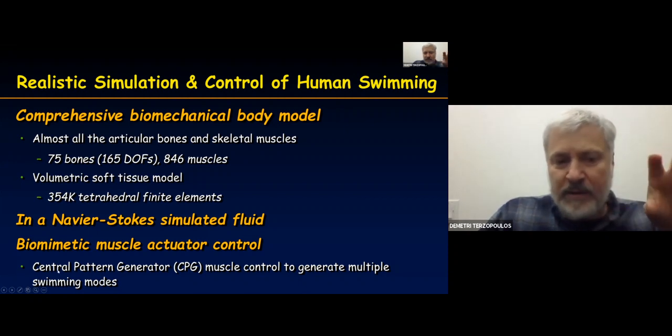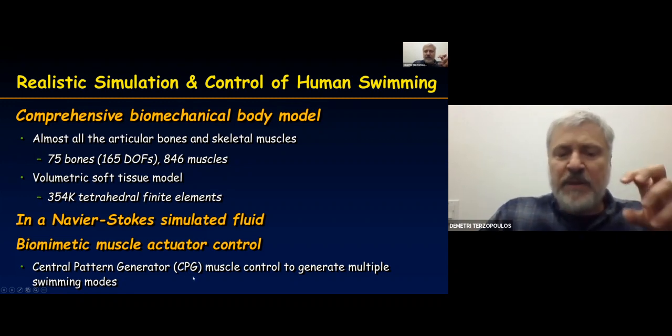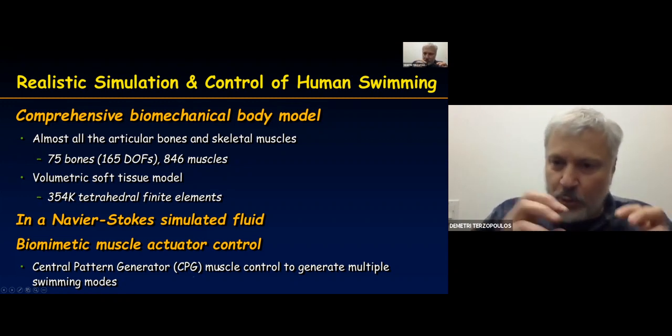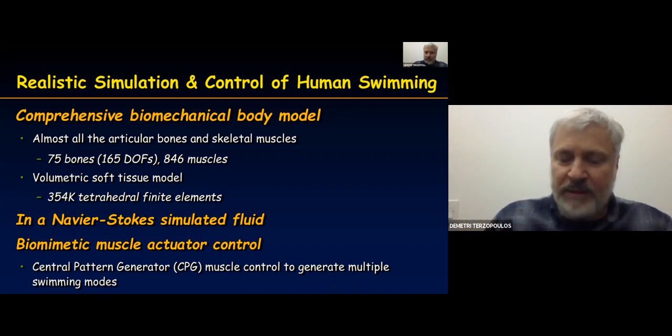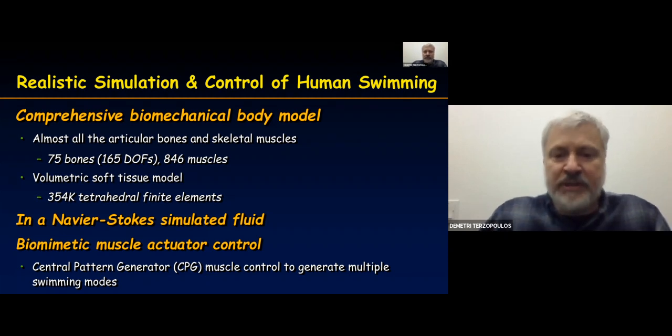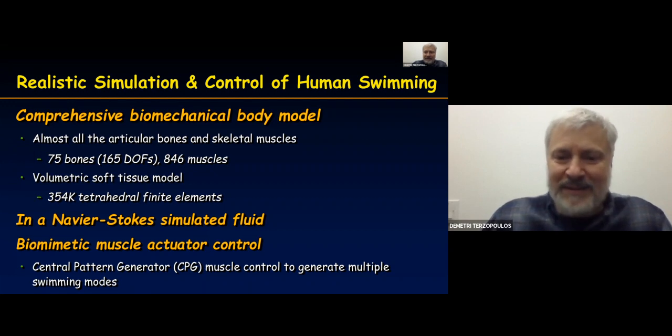So we set upon the natural approach, which is known as central pattern generator, or CPG. CPGs are low-level neural circuits at the spinal cord level that actually control muscles for locomotion. You might know that certain animals, like horses, are born with the ability to locomote.